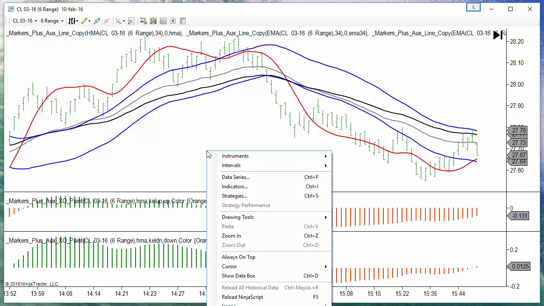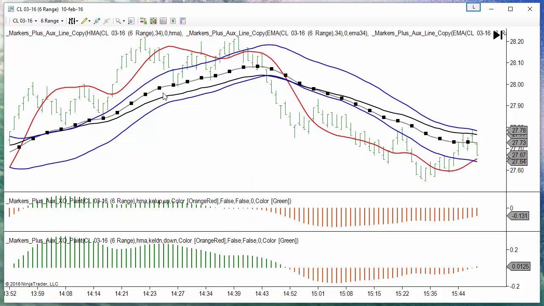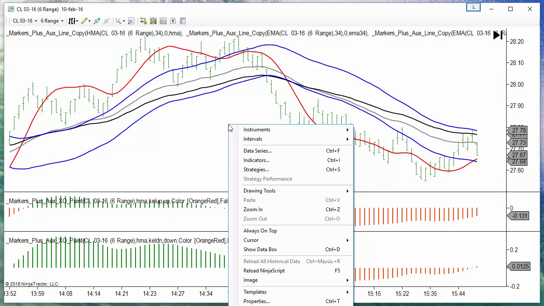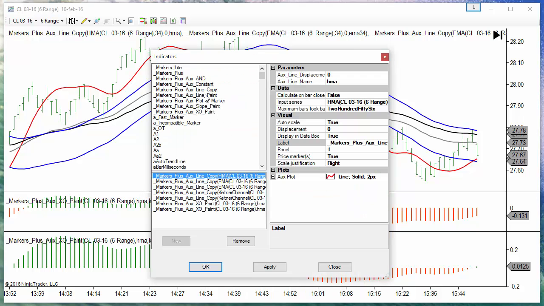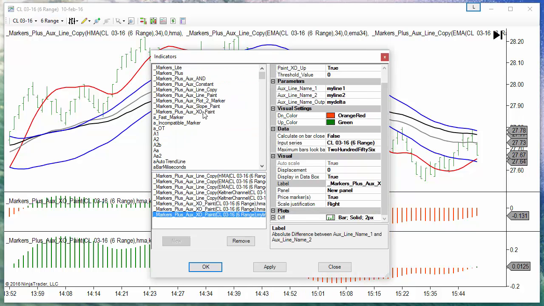I also need the distance between the gray line and the black line. The gray is EMA 34, the black is EMA 50, and I will call the difference EMA 3450.